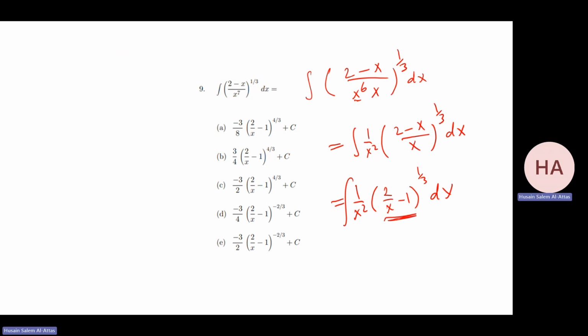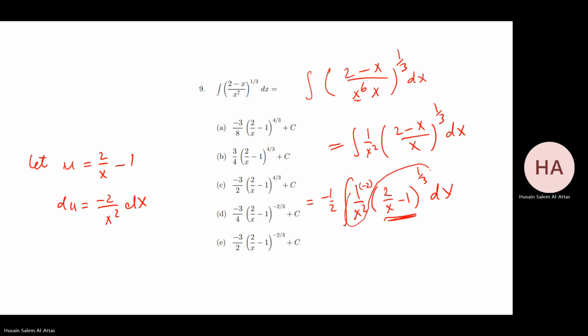I will let this be u, so u is 2 over x minus 1. Let u be this. Du will be what? Minus 2 over x squared dx. So I need to multiply by minus 2 and minus half from outside. So this will be my du. So it will be minus half, and this is u.